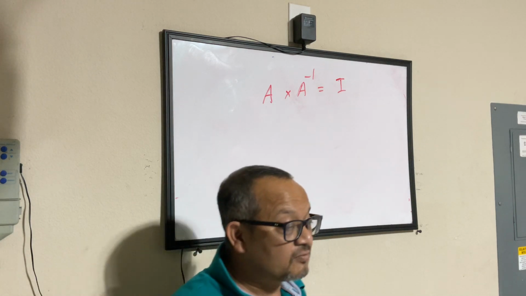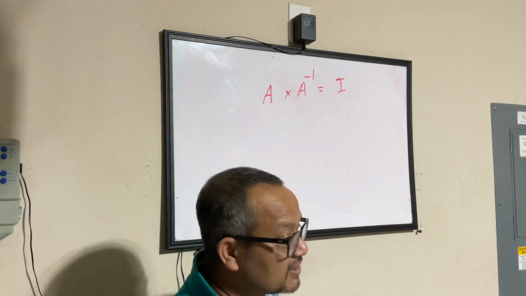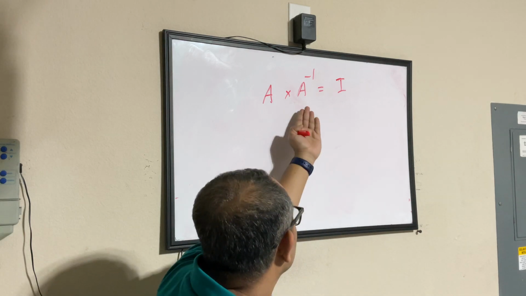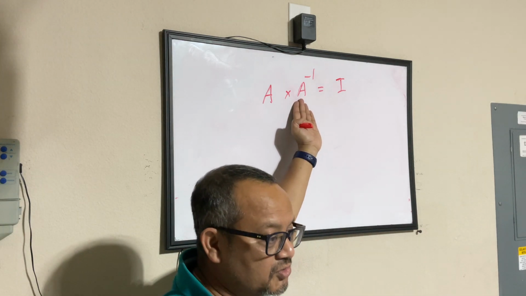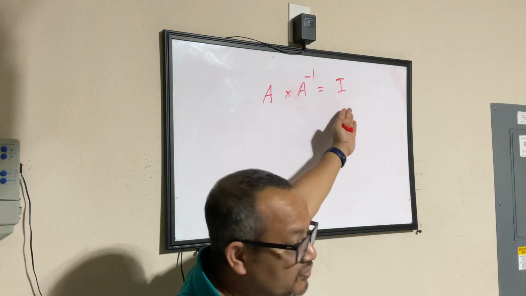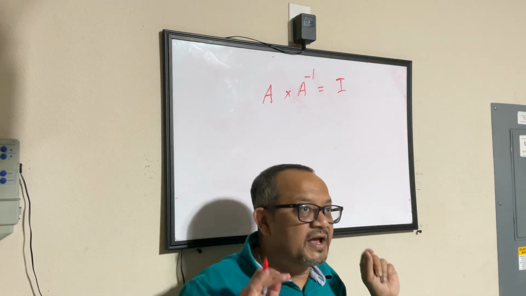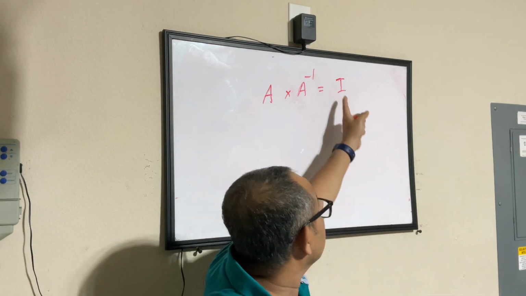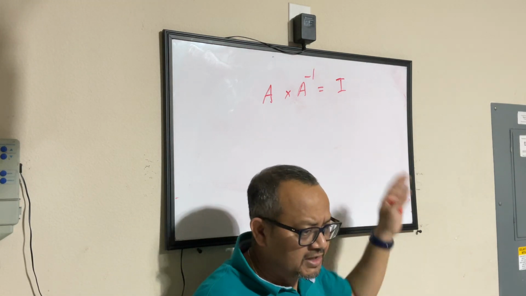So far I'm only saying what the dimensions of A and inverse of A are. I'm still not disclosing to you guys how exactly this guy is taking birth. We don't know yet, right? But let's go with this understanding for now, that if I have a matrix A and I multiply that with the inverse of it, it gives me an identity matrix. And we'll decode all this one by one.